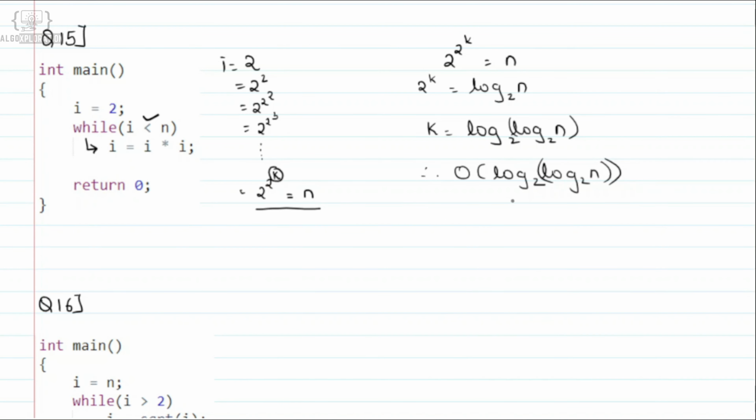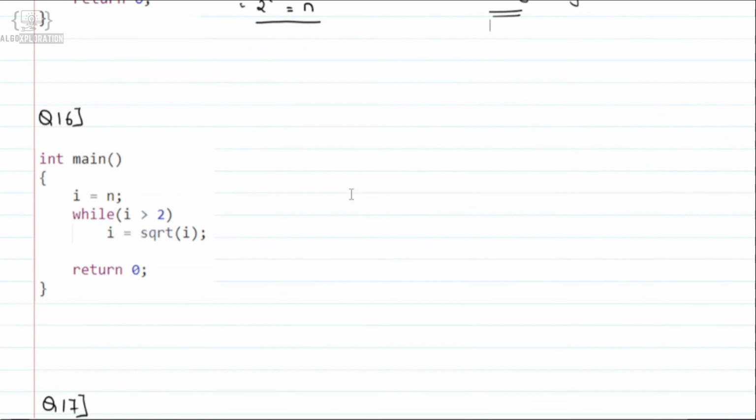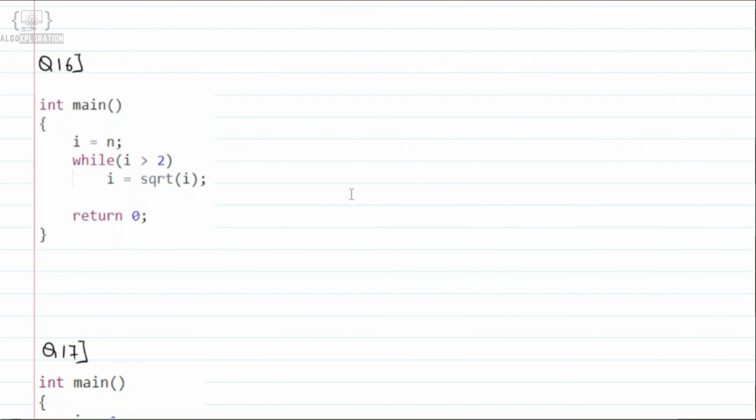Now let's find the time complexity of another problem. Here it is similar to the previous one. In the previous question, inside the while loop it was multiplying I by itself, but here we are doing the square root of I. So the initial value of I is n.